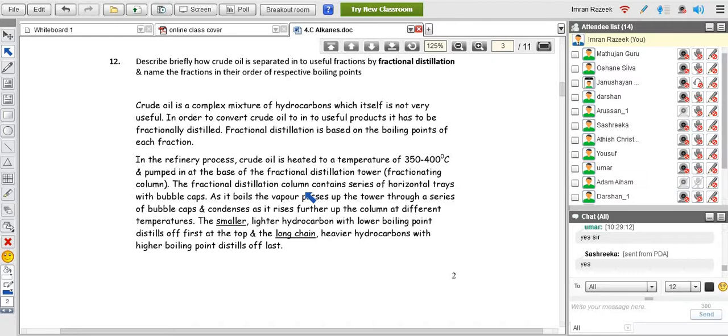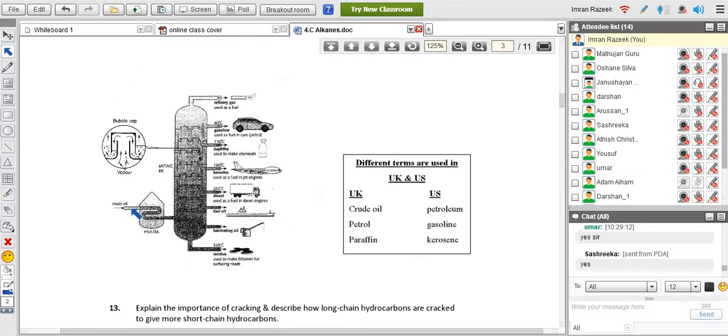So the lowest boiling point fraction will distill first, at the top, followed by the higher boiling point fractions. The fractional distillation of crude oil is done in this apparatus, known as a distillation tower, fractional distillation tower or fractionating column.